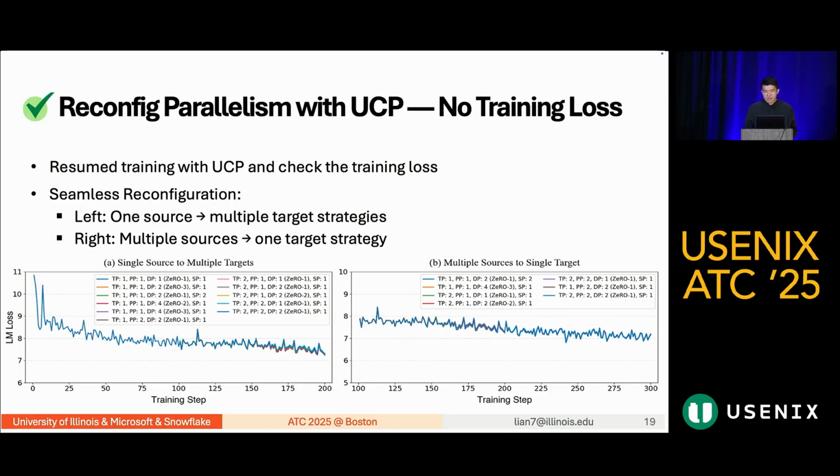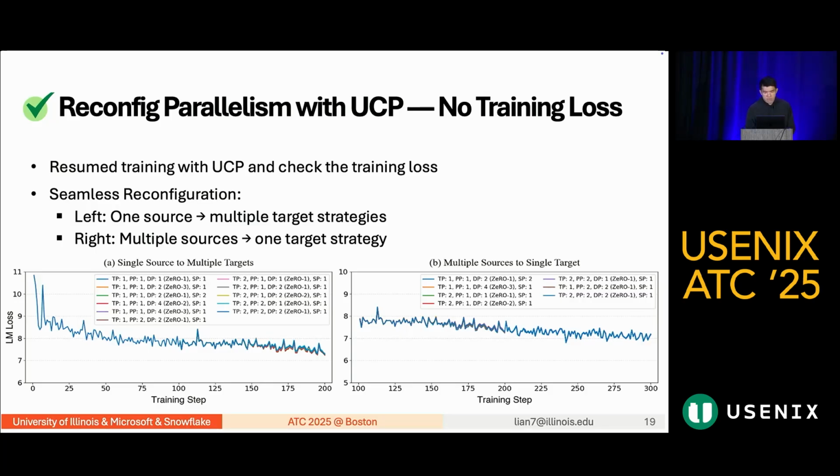We did extensive experiments with a broad combination of parallelism configurations, including tensor parallelism, pipeline parallelism, sequence parallelism, and data parallelism, and for any ZeRO stages. On the left, we resume from a single source configuration and resume training across multiple target configurations. On the right, we did the opposite: we resumed into one target configuration from checkpoints saved by multiple source configurations.